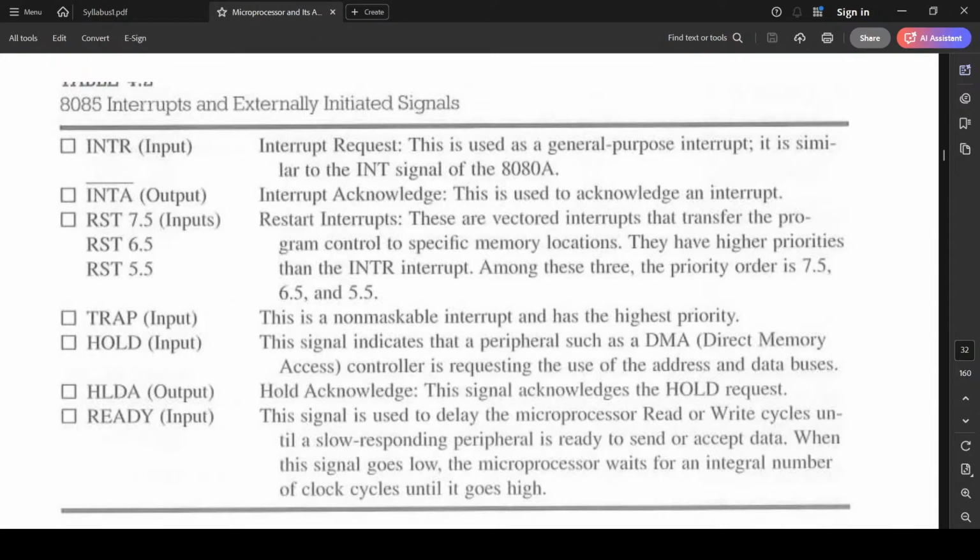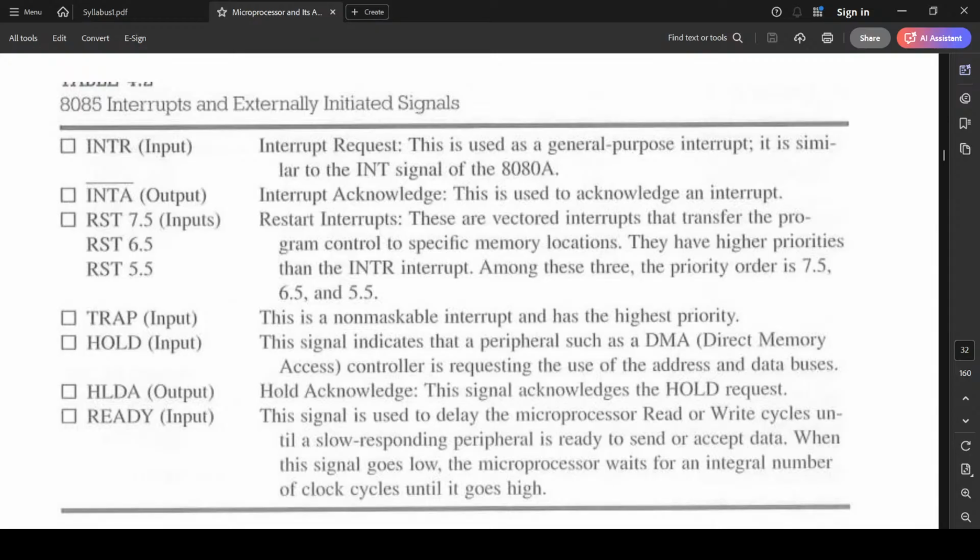All these are very different types of interrupts, and this one has the highest priority. It means that among all these interrupts, you will only receive the call of your father or mother. That is the highest priority.